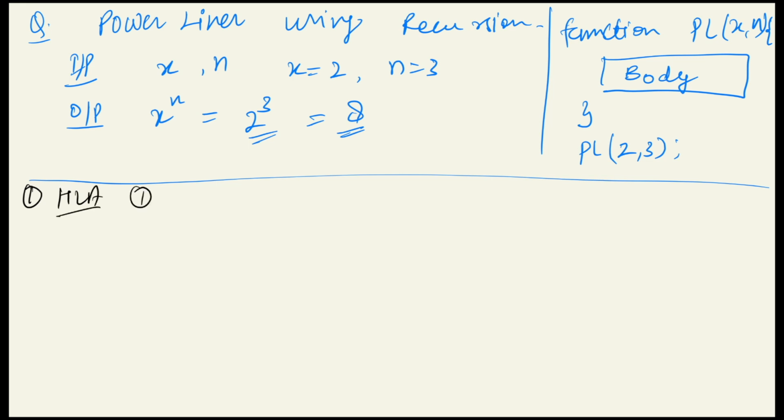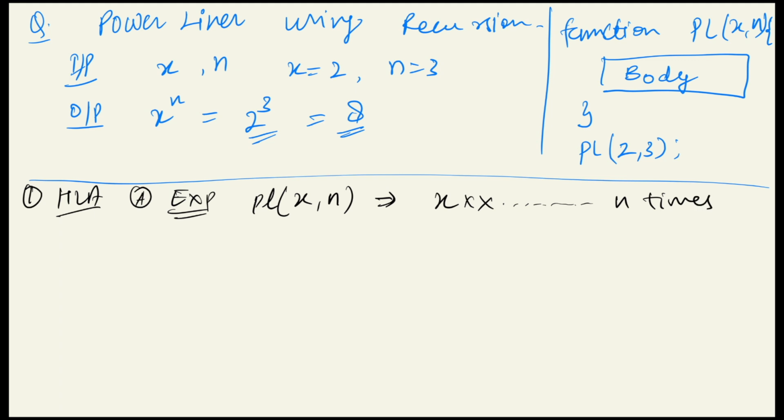Inside high level approach, the first one will be expectation. So what is our expectation? Our expectation is if we are using PL x comma n, then the expected output will be x into x, it will go up to n times. Okay, and the next step will be assumptions. So what are assumptions?